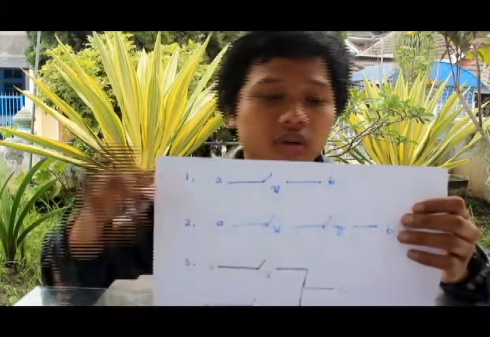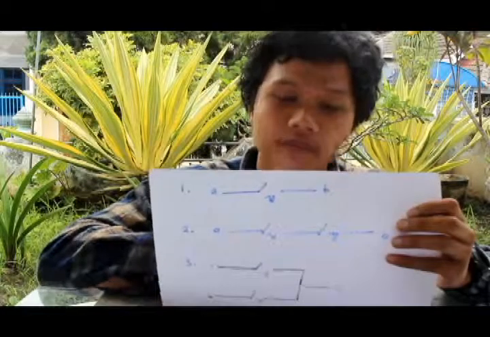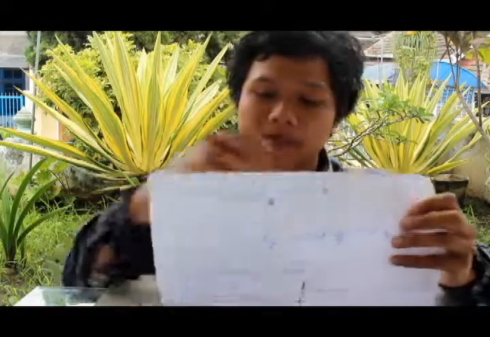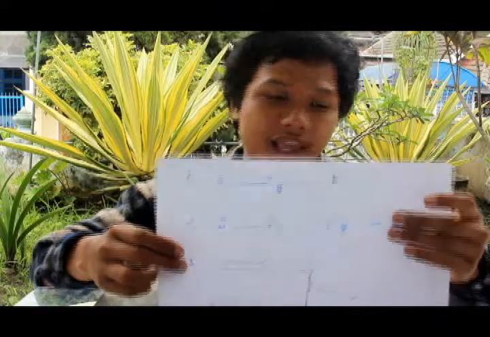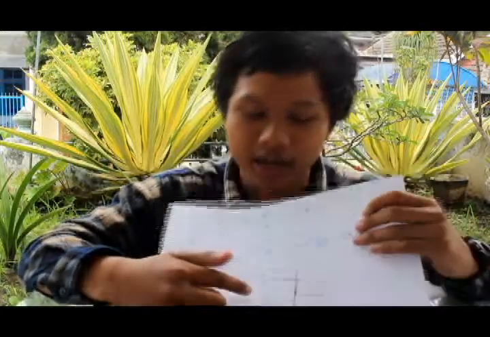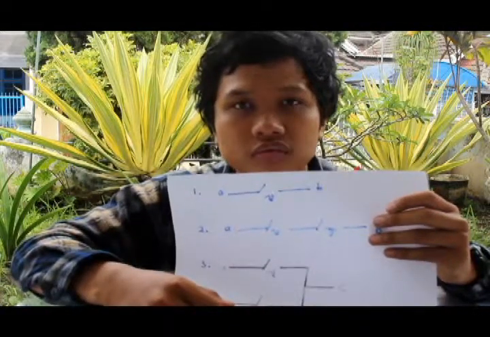Number 2: output B is present if gate X and gate Y are closed. And number 3: output C is present if gate X or gate Y, anyone, is closed. Yes, those are the three simple forms of a switching network.